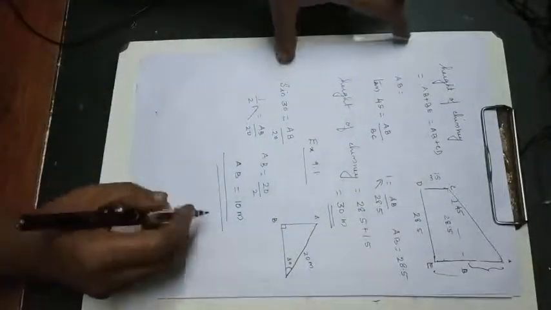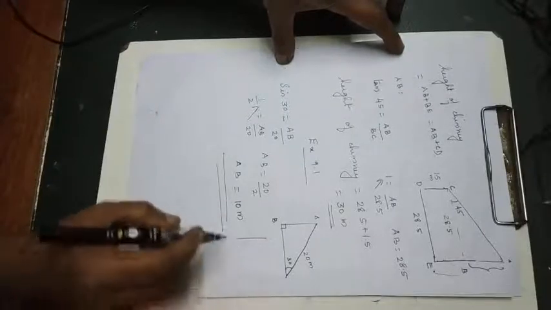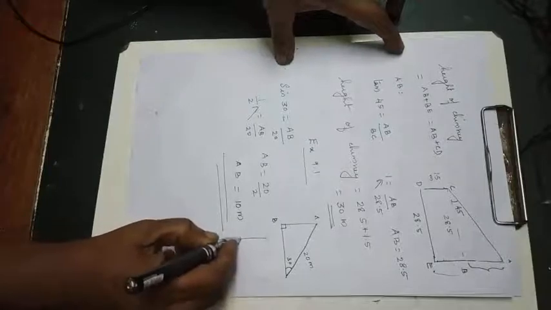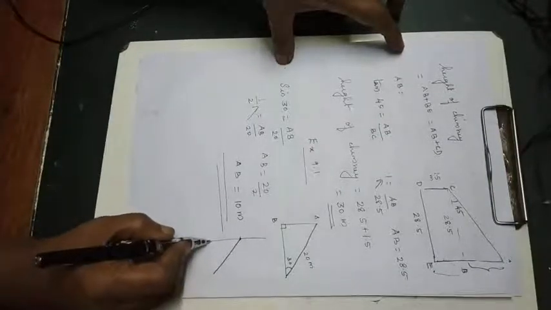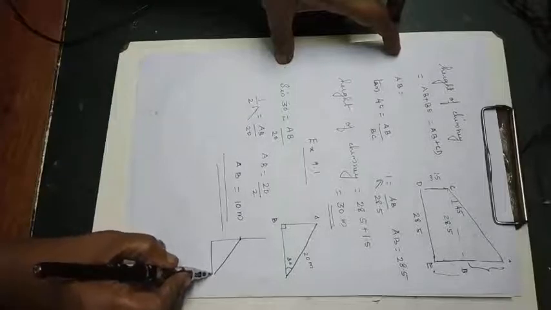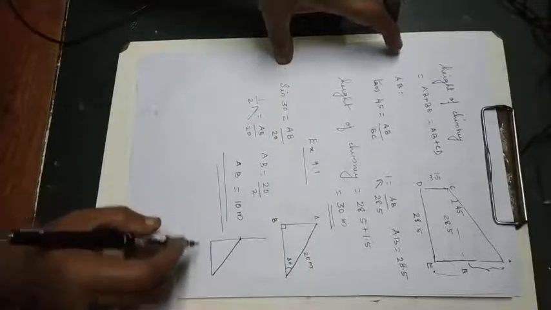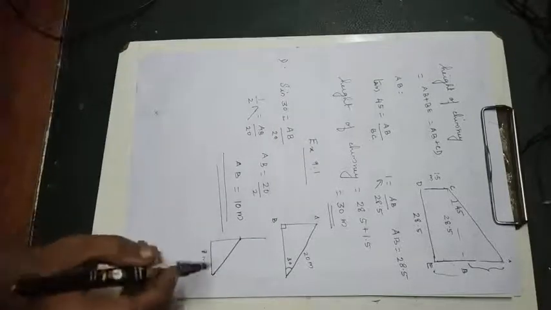So the tree was like this, but when it is cut from this one, this part came and touched the ground, which is at a distance of 8 meters away.